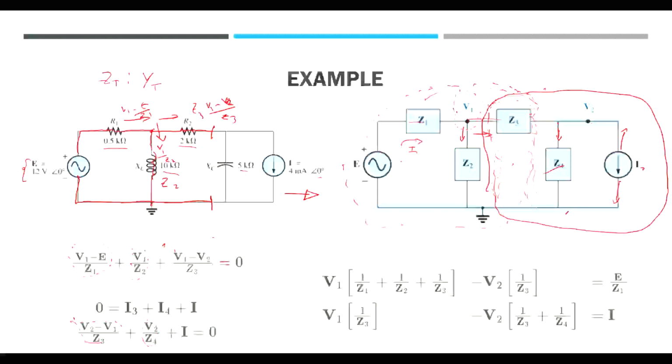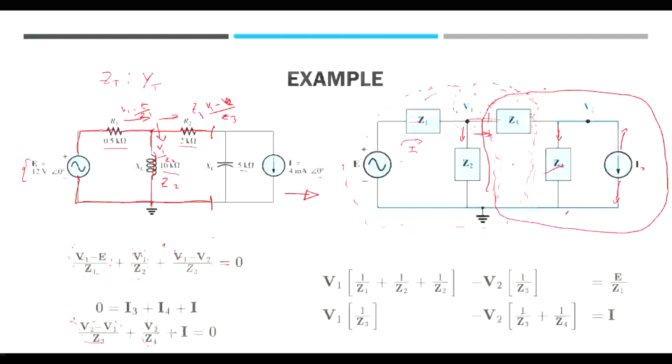So notice that we have now simply to get the terms that are similar to get things easier. So we have V1, V1, and V1. So we can do V1 multiplied by 1 over Z1 plus 1 over the impedance 2 plus 1 over the impedance 3.